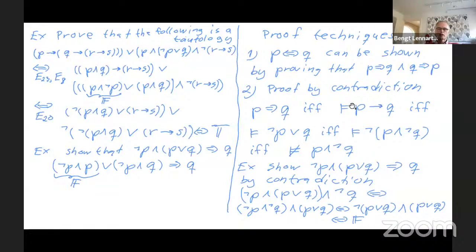Let's see why that is the case. First, P implies Q is a tautology on the conditional statement P conditional Q. So this is the same as this, and that's why I now write also if and only if, IFF, in between here.